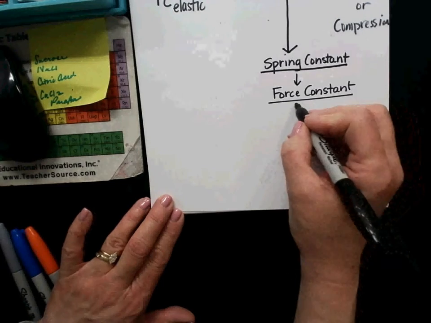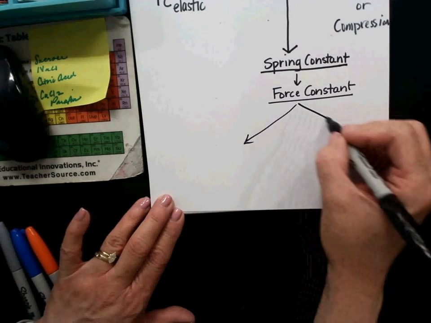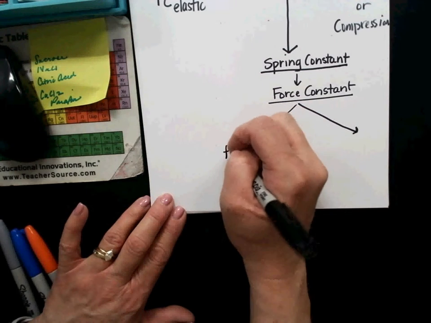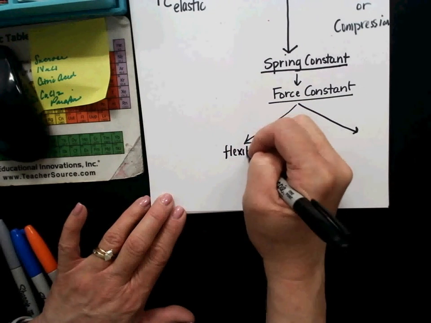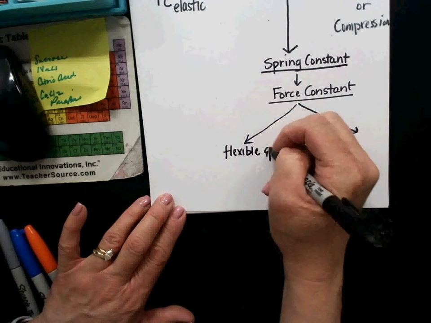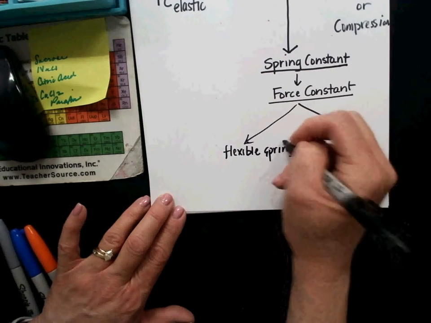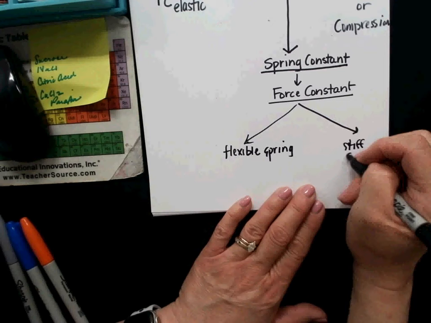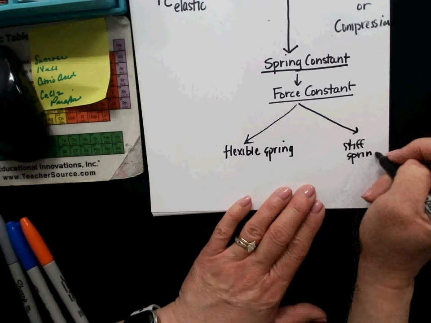When I look at the force constant, I can be talking about two different kinds of springs. I can be talking about a flexible spring or I can be talking about a stiff spring.